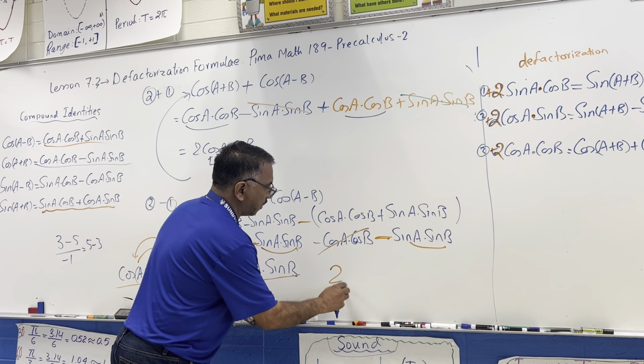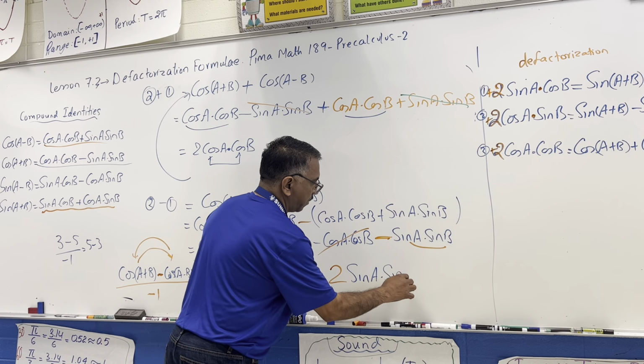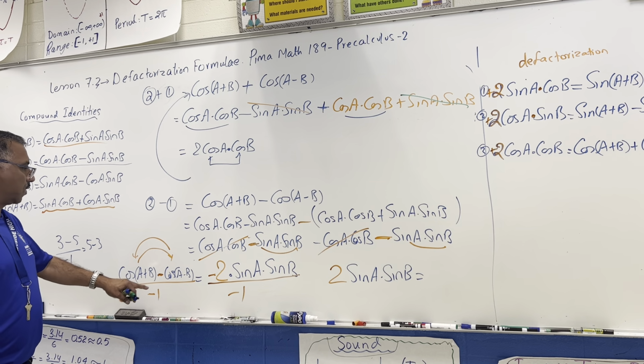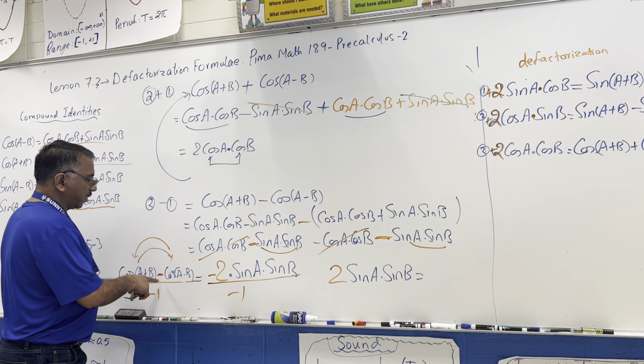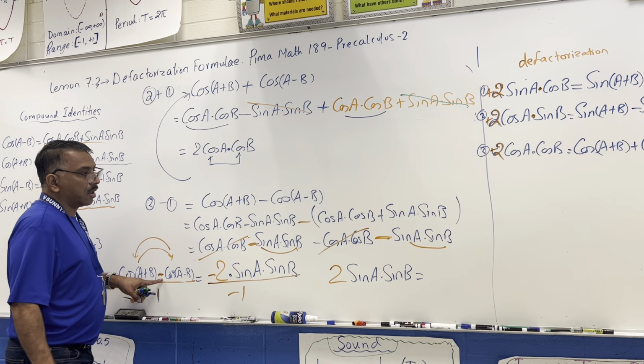So this will be negative, negative, positive. So the answer is 2 sine of A, sine of B is cosine A minus B, because this is the one which becomes positive because of this minus. When you're dividing by minus 1, this changes to positive.